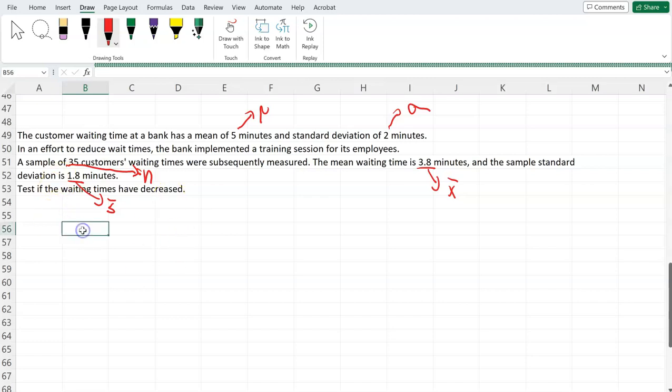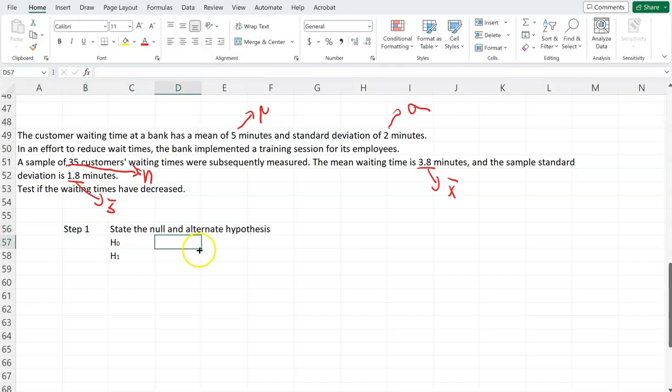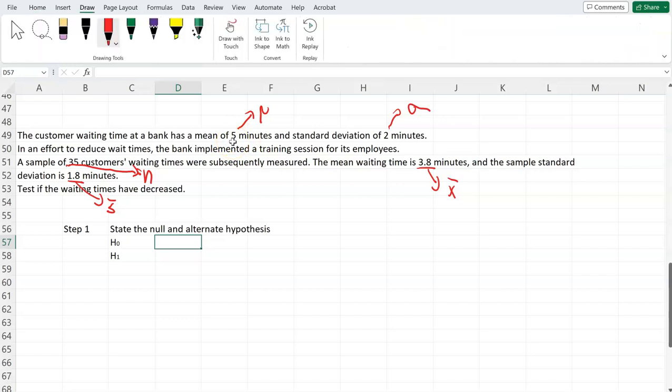But the first thing is, step 1 is state the null. So in our case, let's write the null and the alternate. In my case, the null hypothesis here is going to be that we already have it at 5 minutes. That means if we did not do the improvement, the mean would have been 5 minutes.